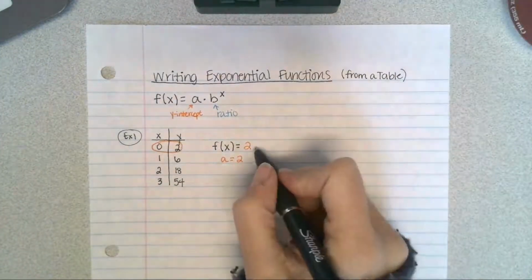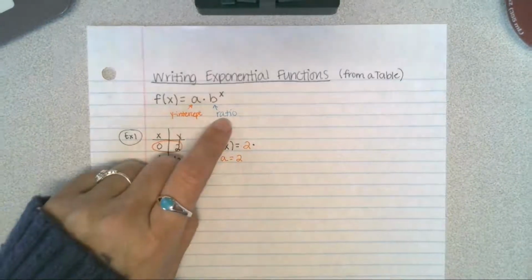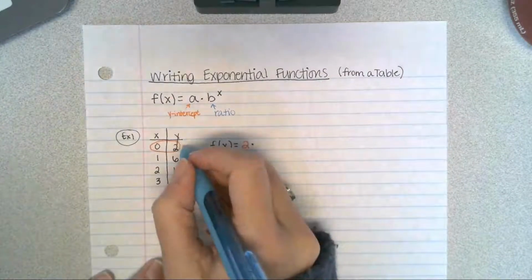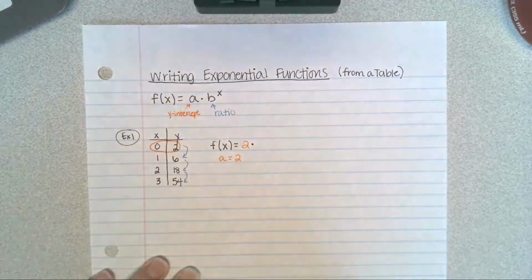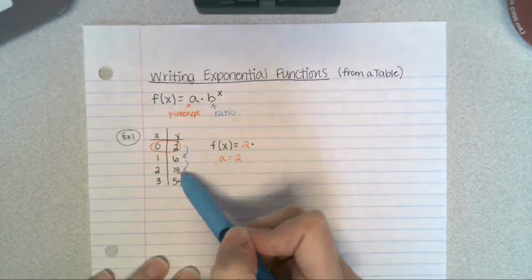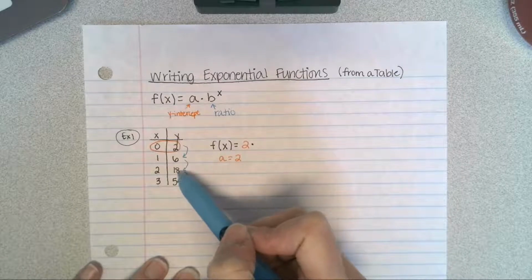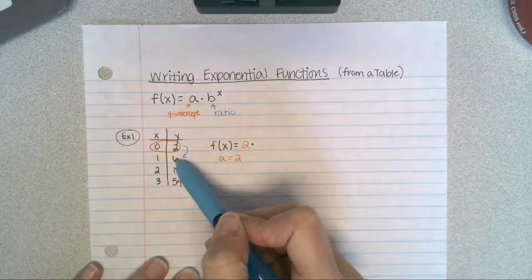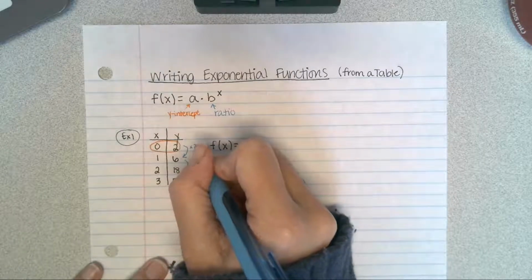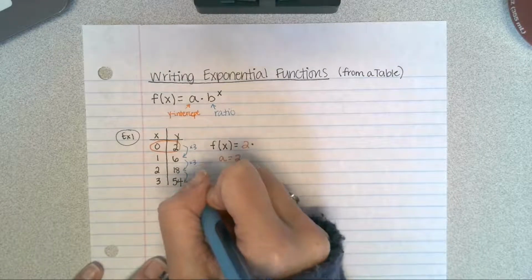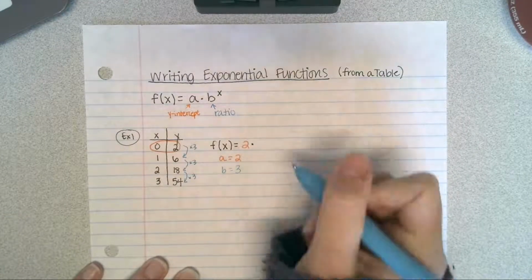Okay, then we're going to put our little multiplication sign. And now we have to figure out what our ratio is, which just means what number are we multiplying by in our table on the y side every single time. So 2 to 6, 6 to 18, 18 to 54. If you're struggling to figure it out, you could do 18 divided by 6 and see what that is, 6 divided by 2, see what that is, and we should be able to figure out here that each time we're multiplying by 3, so our ratio b is going to be 3.